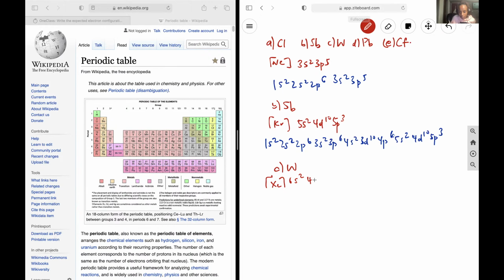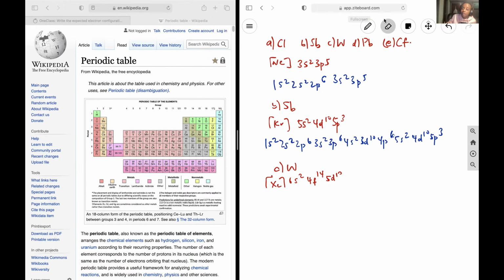So 4f lanthanides can take 14. 5d10. Oh, we're not going all the way. So now that we're in the 5d group, we realize that it stops on the fourth one.